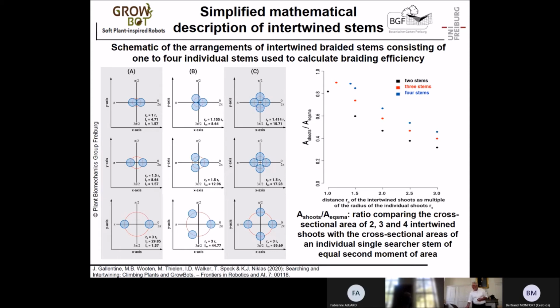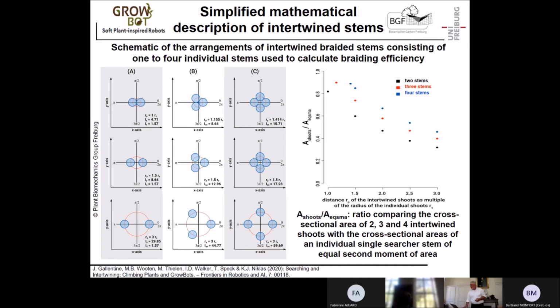And therefore we compared the area of these systems. So it's 4 times a single area here, 3 times, 2 times, and we compared it with a single stem with the same bending stiffness, which kind of area it must have. We take the area as a measure of the amount of mass to be invested, because it's a rod which doesn't taper, so the area gives us a representation of the mass, or of the energy, which we have to invest.